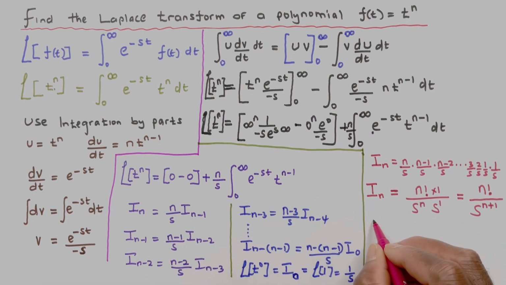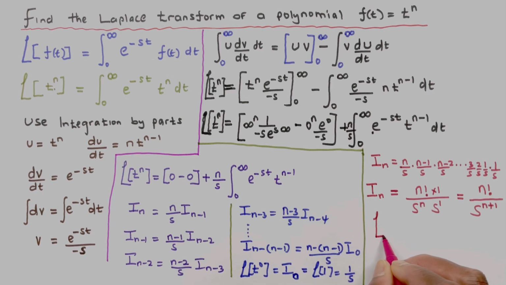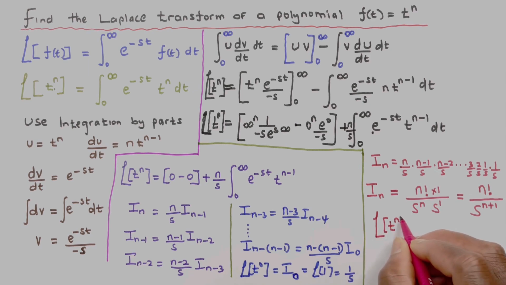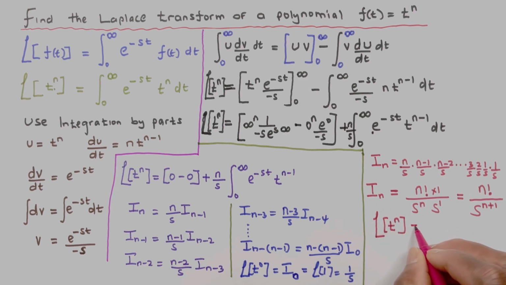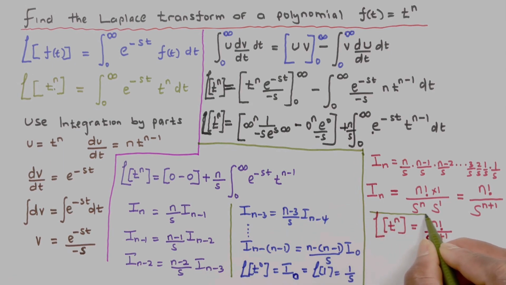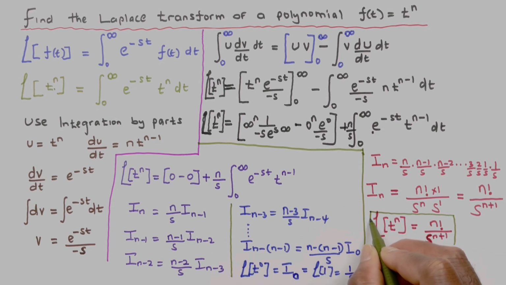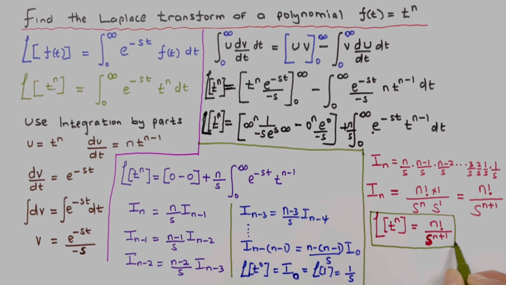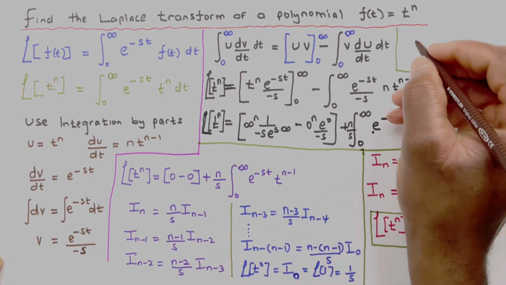So I subscript n is the Laplace of t to the power of n, and that gives us n factorial over s to the power n plus 1. Let's put that in a box. That is the derivation of the Laplace of t to the power of n.